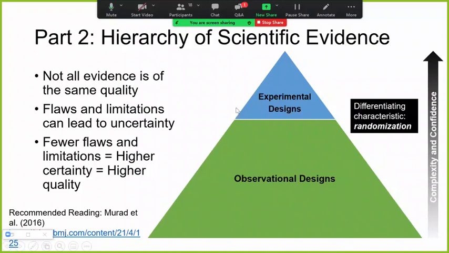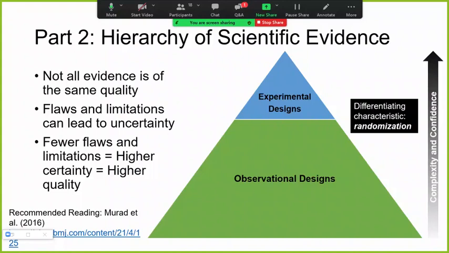We can't always do a randomized controlled trial. So observational studies are just as important and oftentimes the best that we can do, because randomization is not ethical or feasible. So we need to understand our options and how each of the particular study designs are set up in a way to strengthen particular assessments.